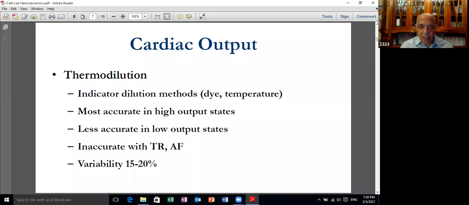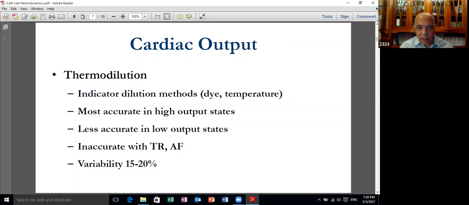The Stewart-Hamilton formula, you don't need to remember it, but it's the amount of the injectate multiplied by the change in the temperature of the injectate and divided by the curve which describes the change in temperature versus time. But the computer calculates it for you.